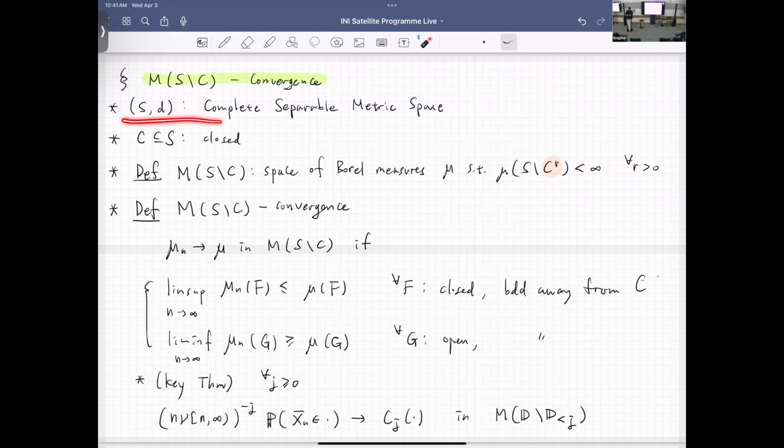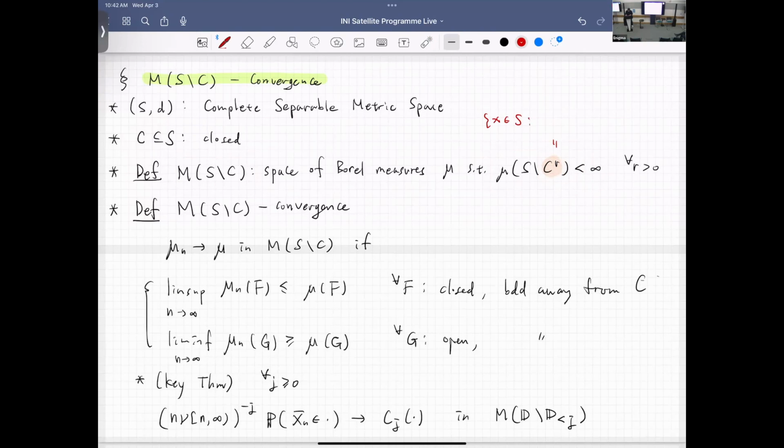Suppose that S is a complete separable metric space with respect to the metric d, and C is any given closed set, let's say closed cone, and we define the space of Borel measures, M(S\C), as the ones that have finite measure if you take them outside of C. So here the definition is the fattening.